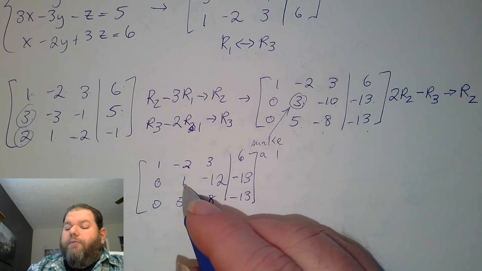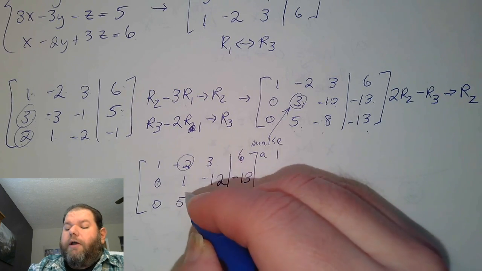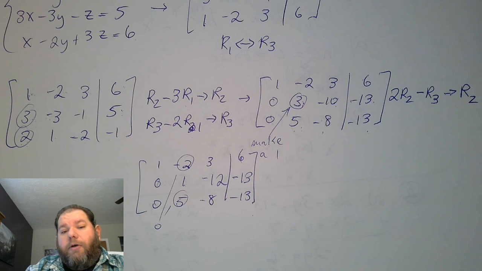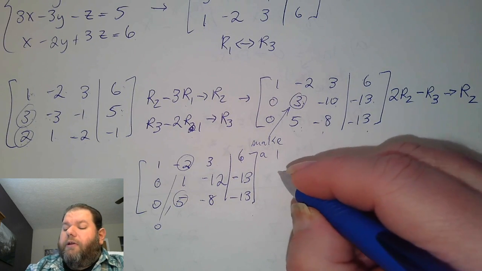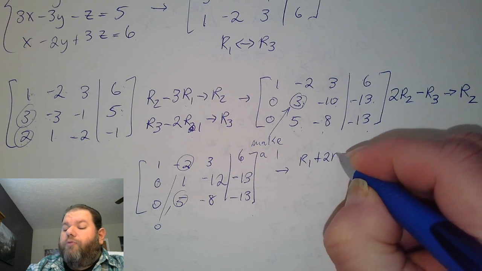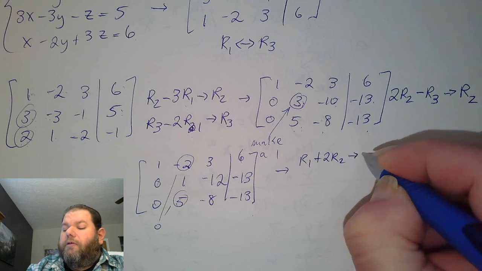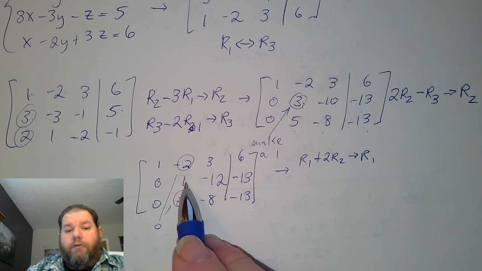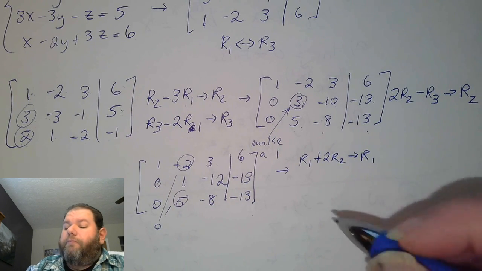Okay, now that we have a 1 here, we want to zero out these two terms above and below that middle one. So we can take row 1 and add row 2 twice. So I'll take negative 2 plus 2 times 1. Negative 2 plus 2 would make that a 0.